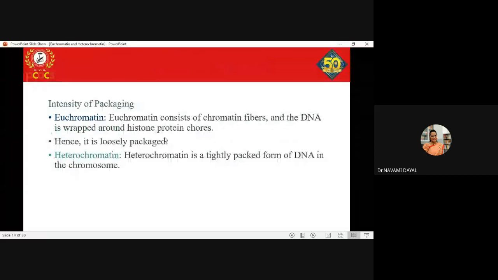Coming to the integrity of packaging. Euchromatin consists of chromatin fibers and the DNA which is wrapped around the histone protein cores, and it is loosely packed, whereas heterochromatin is the tightly packed form of the DNA in the chromosome. The further high grade condensation gives rise to heterochromatin in some regions of your DNA.